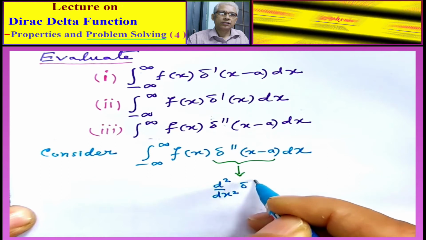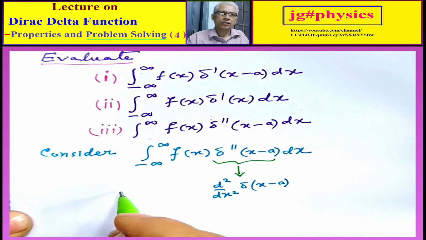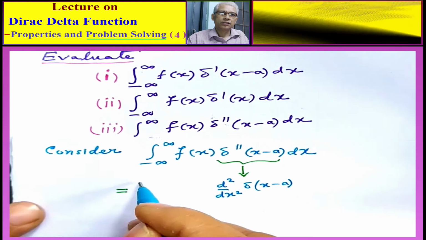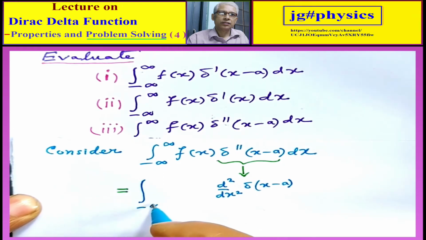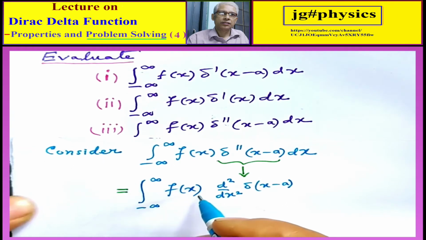So delta double prime is d2 dx square. So this is the integration.